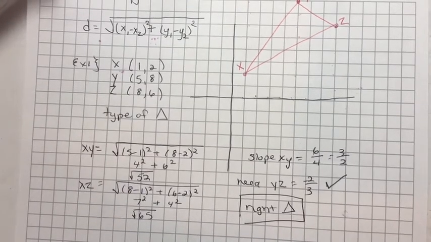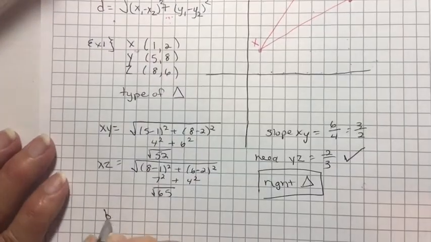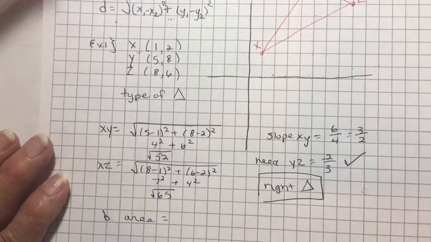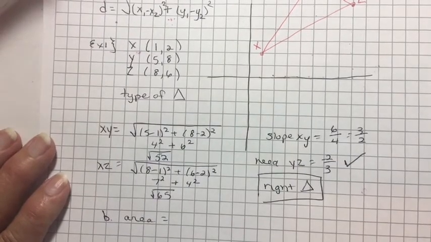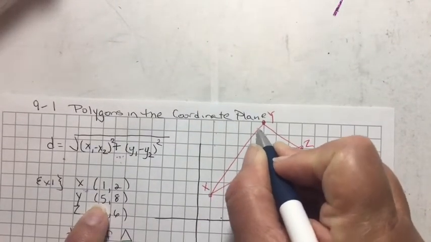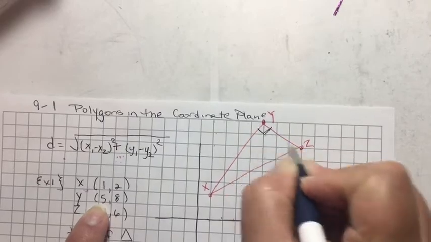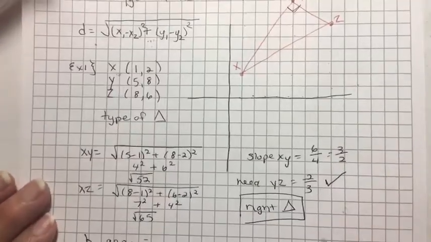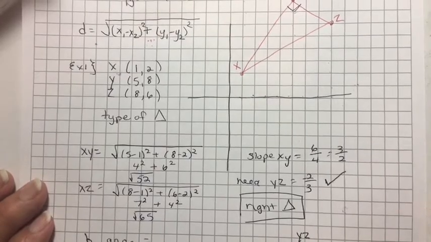Now, what if I wanted to define the area? Let's call this 1b. So the area of a triangle, remember, is length times width divided by 2, or base times height divided by 2. So I already know this length. Remember, the base and the height make a right angle. So I do need to go ahead and figure out YZ, because YZ is going to be the height.